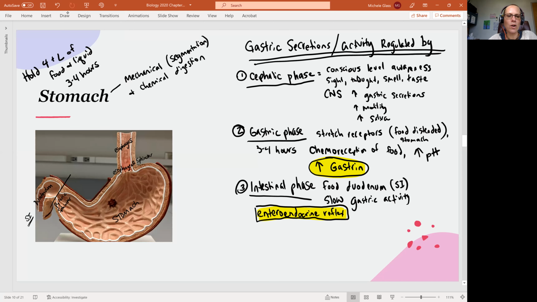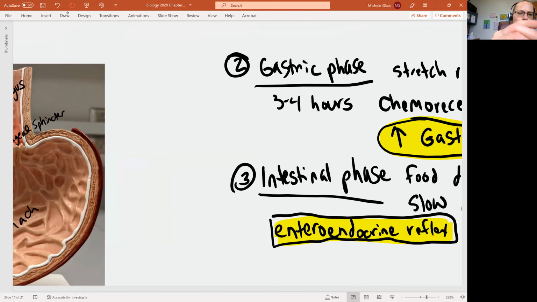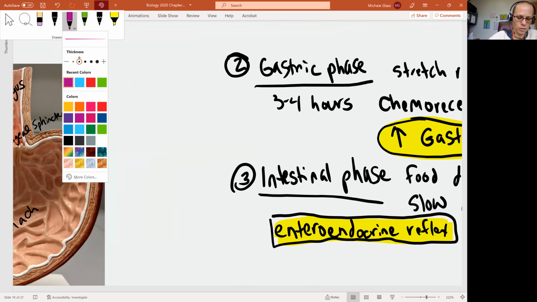Okay, taking a look, conversation about the stomach. We're going to be picking out 3 different types of cells that are lining the stomach, and talking about what kind of chemicals they're producing. And so let's list out our 3 cell types.